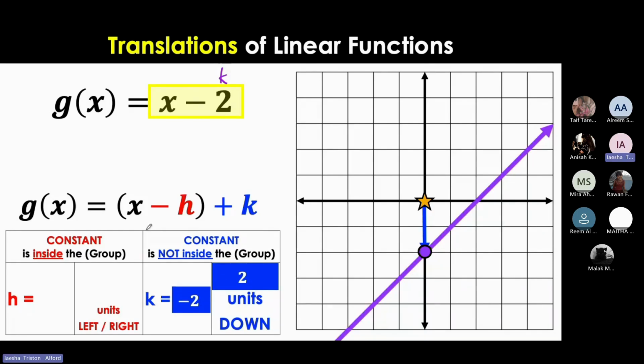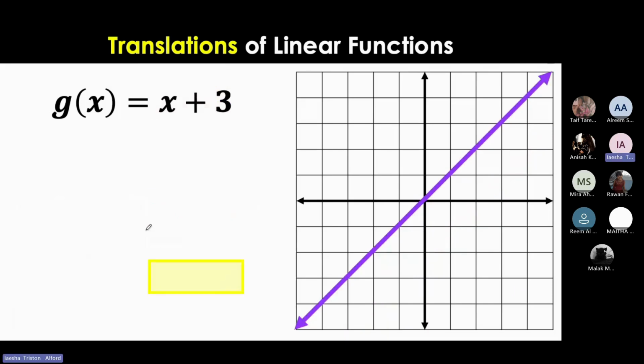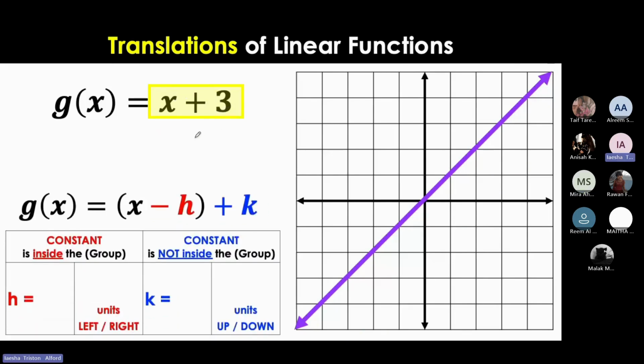Try again. Focus on this part. X plus 3. We want to know, is the constant H or is it K? The constant is not inside the group. So we call it K. What number is K?